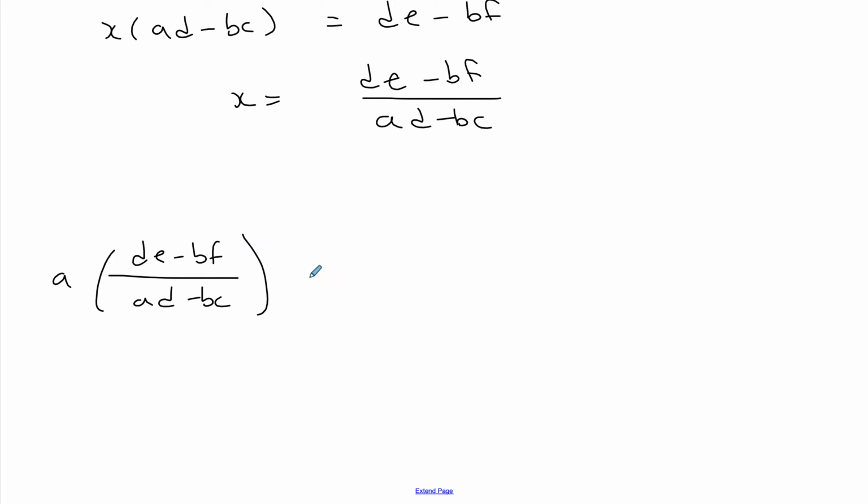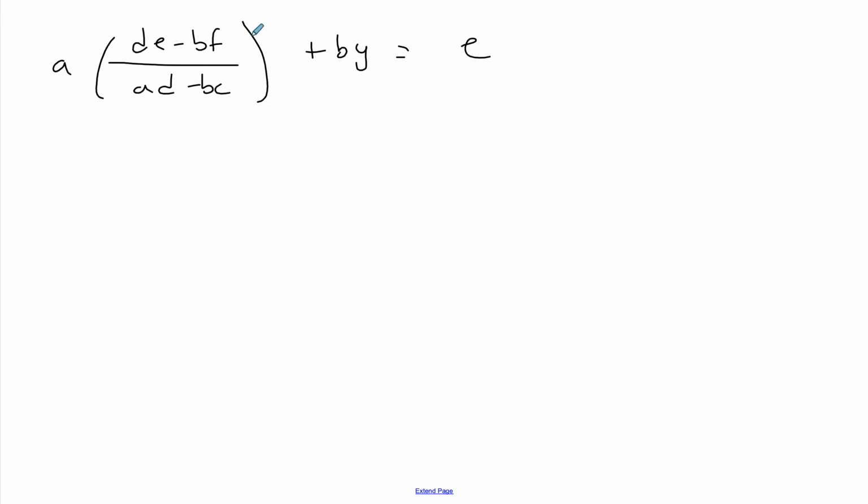The same thing would work if you pick the other one, plus by equals e. Now I'm going to attempt to simplify this, so I'm going to move this whole mess to the other side. Minus, and the a belongs to the numerator here, so ade minus abf divided by ad minus bc.